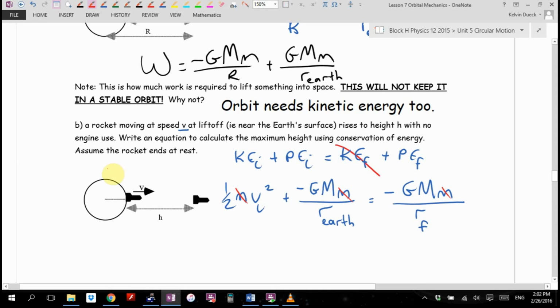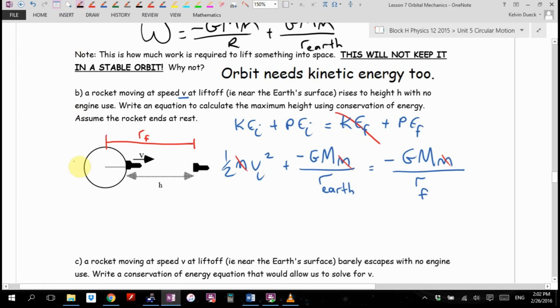In fact, folks, at the very bottom you can say this: height is going to be R final minus R Earth. How would I get R final by itself? I've got to be honest, here I wouldn't anymore. It's too complicated. To solve this, I would crunch this whole thing and get a number.